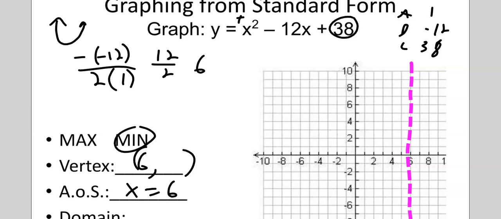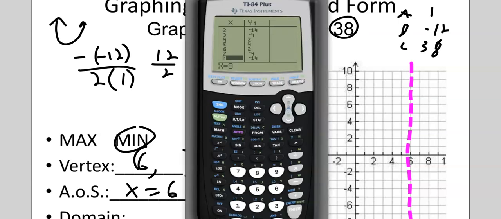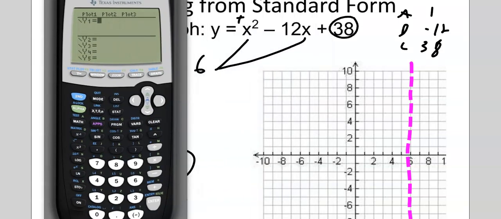Okay? Now, once again, we could plug in 6 here and here, but you know, we have the calculator. Let's use it. Let it do the heavy lifting. So I'm going to clear this out. I'm going to put x squared minus 12x plus 38.